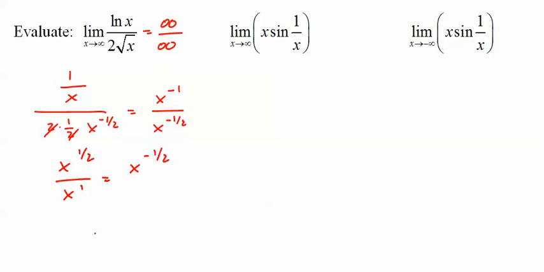Can I put infinity in there now? 1 over square root of x. Yes, I can. I get 0. Wow, there's a lot going on there. This is my point.